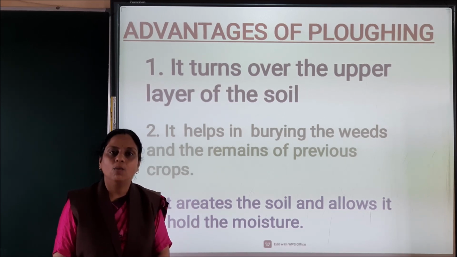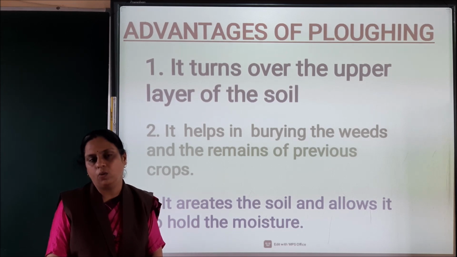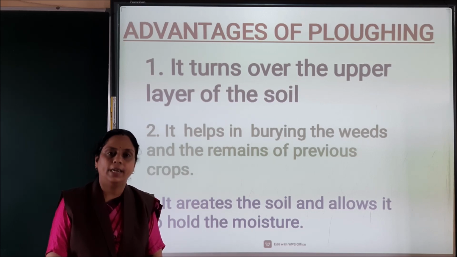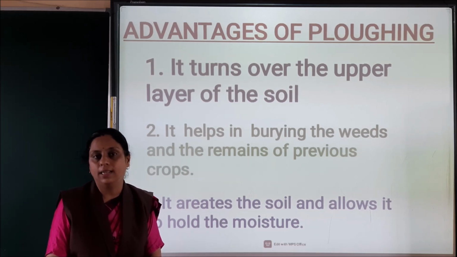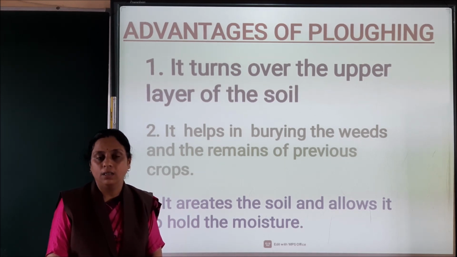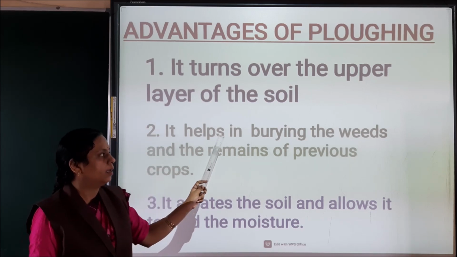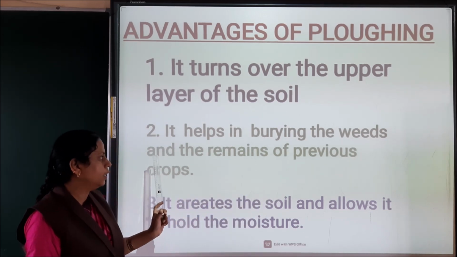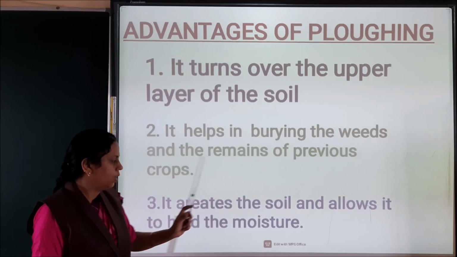Sometimes children, some unwanted plants are also grown with the crops, and it is very necessary to remove those undesirable plants, because if they are not removed, they will compete for the sunlight and nutrients. So it is very necessary to remove them. It helps in burying the weeds and the remains of previous crops.